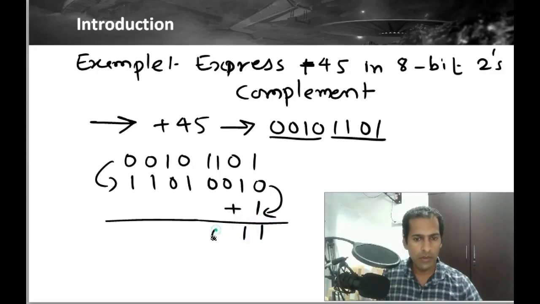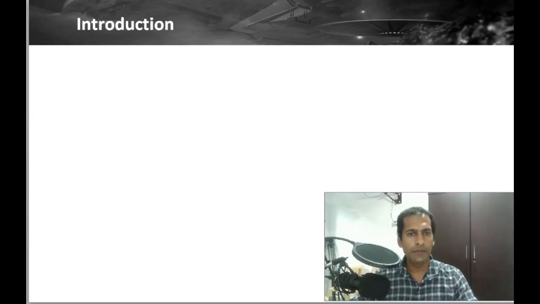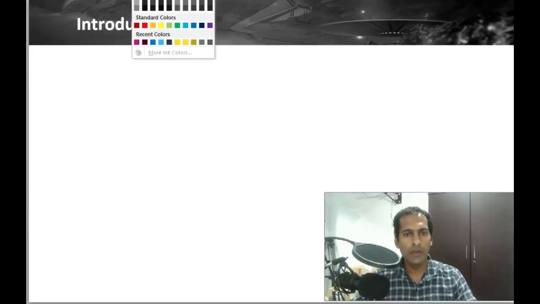Rest of the number stays as it is. Right, now this is the 2's complement of -45. For -45 the sign bit is already 1. Okay, now this is the method by which we can find the 2's complement. Now let us see one more example. Say next example we will see.